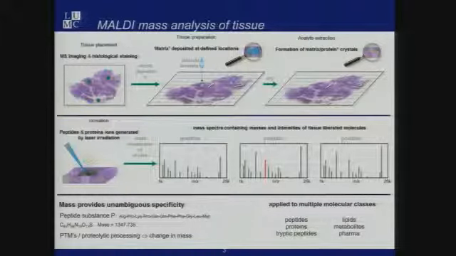When we shine the laser at this small collection of matrix crystals, we generate these ions, and we can analyze these ions in a mass spectrometer. Here we see a very simplified representation where each peak corresponds to an ion of different mass over charge. In this case, it's idealized protein ion signals.